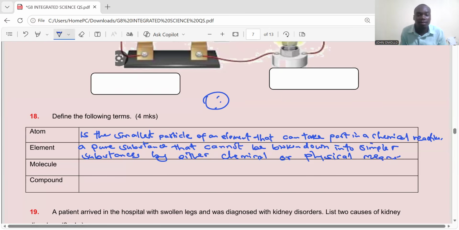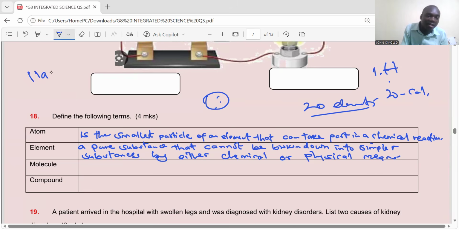Now, for instance, you look at the 20 elements of the periodic table. Number 1 is hydrogen, up to number 20, which is calcium. Remember, we have almost 119 elements existing on Earth, the ones that have been discovered. But there are others that scientists are continuously discovering right from the day to late in the night.